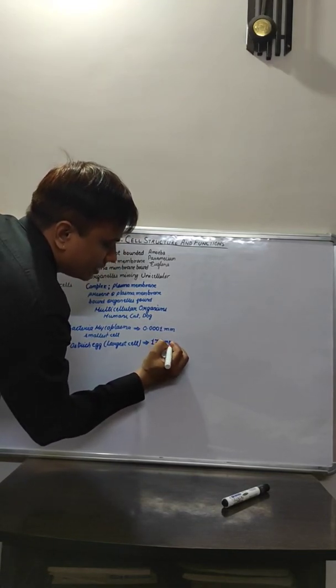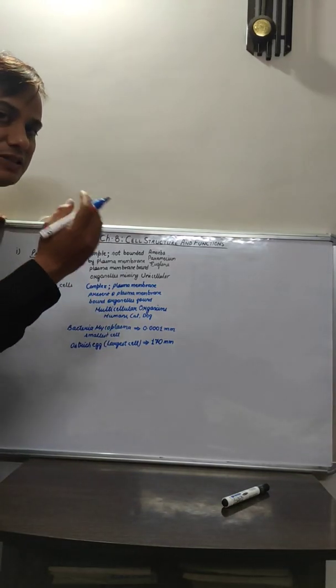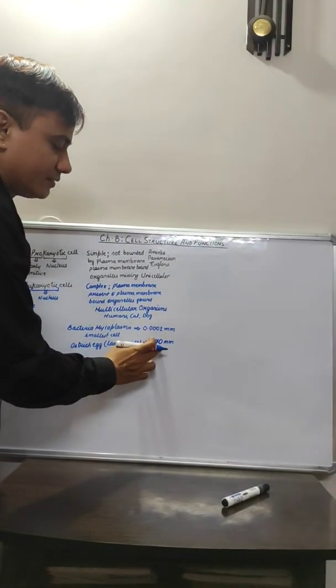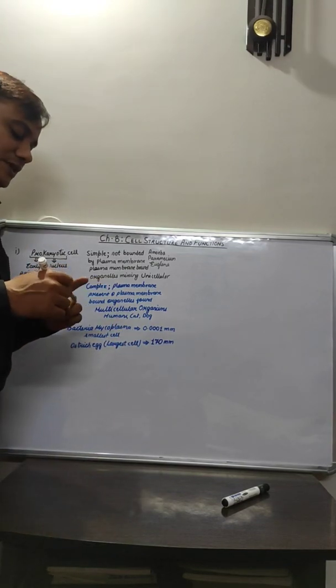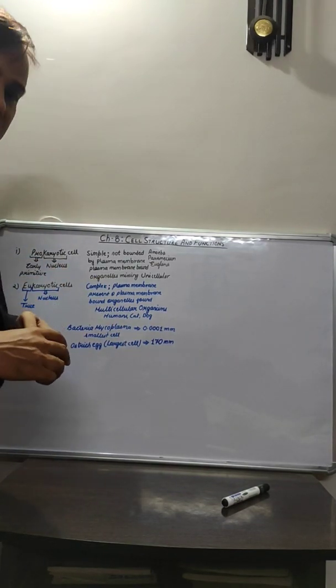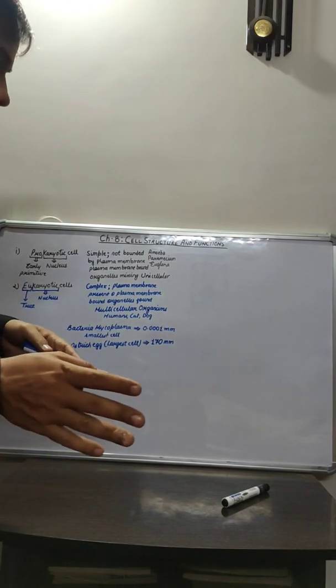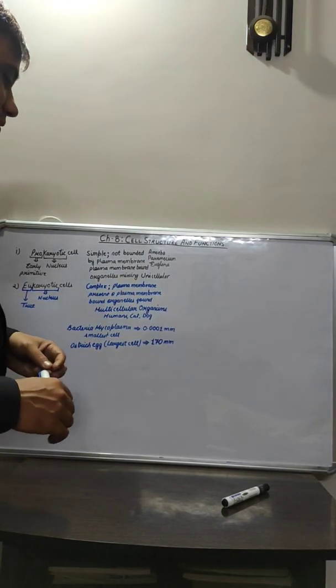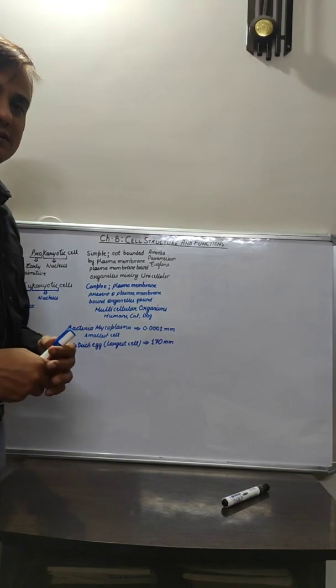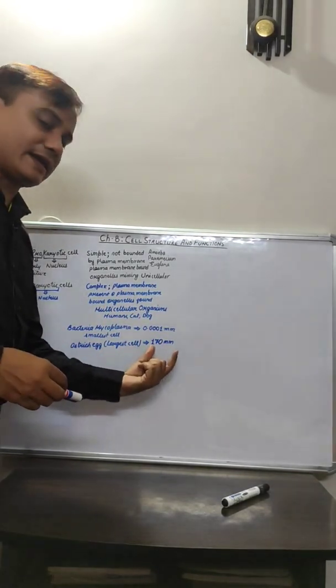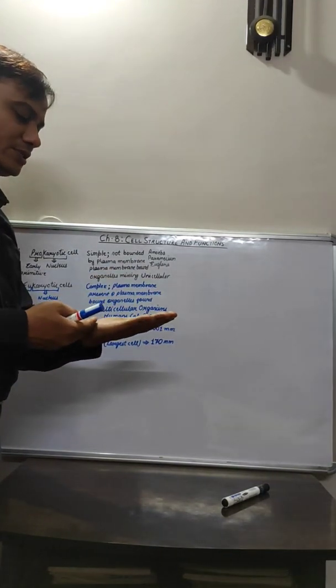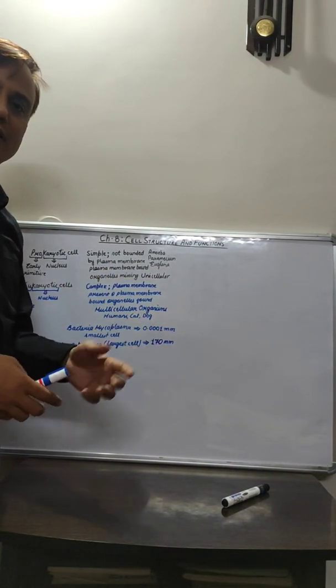Because it is one cell that we can see with the naked eye, because it is 170 millimeter in size. I hope everyone has seen an ostrich, not in reality but in pictures at least. So it is a huge bird. It is even bigger than human beings in height. Therefore its egg is just about the size of the palm of a human being, right?